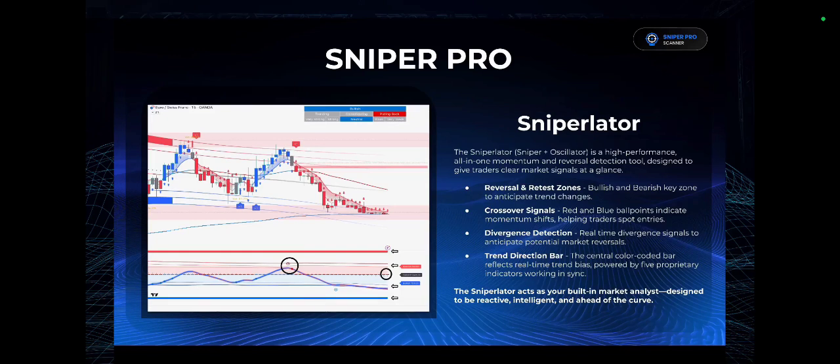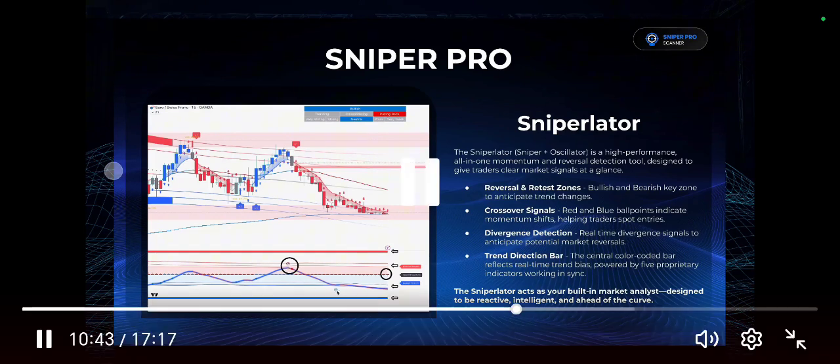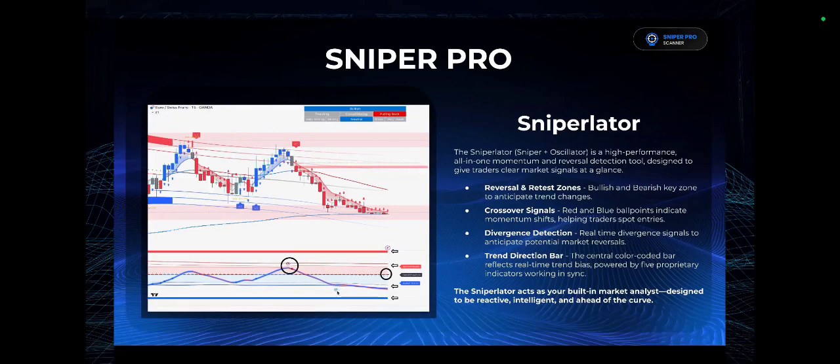And then we also have our real-time divergence detector. So you will notice that this bullish and this bearish divergence detector will repaint a lot because it's not designed to show you previous divergence. It's designed to show you real-time divergence. And a simple way of understanding divergence is knowing when price and the oscillator is making opposite highs and opposite lows, right?